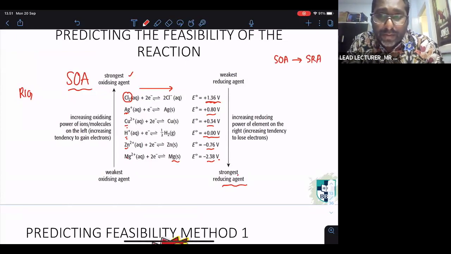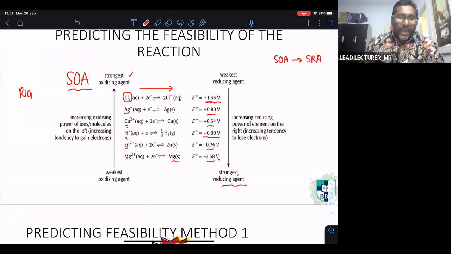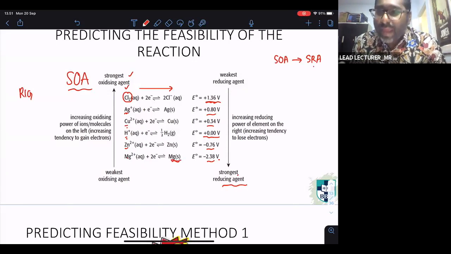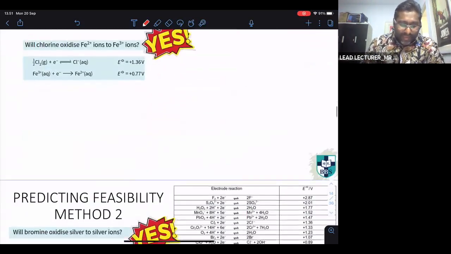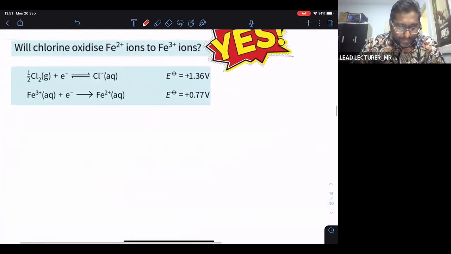Always remember that. As long as this is a strong oxidizing agent and the one over here is a strong reducing agent, they can react. It is feasible. So you can see how I can use this method.